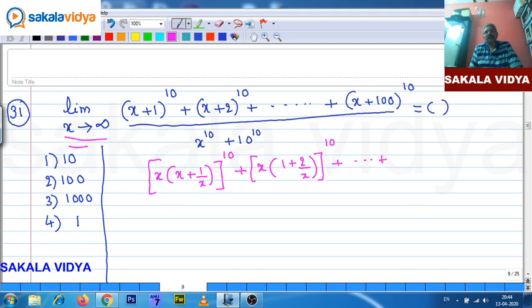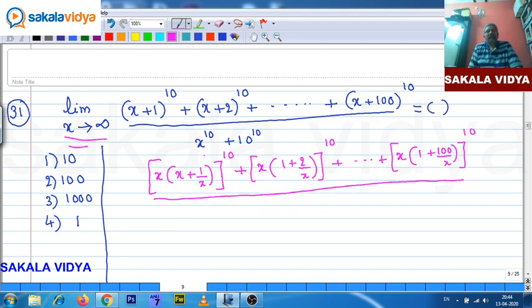In the similar manner in the bracket you take out x common, 1 plus 100 upon x all to the power of 10, am I correct, upon here in the numerator take x to the power of 10 common, we have 1 plus 10 to the power of 10 by x to the power of 10.